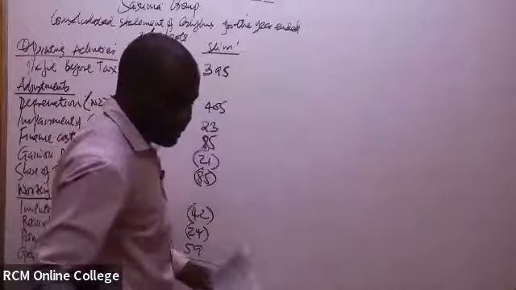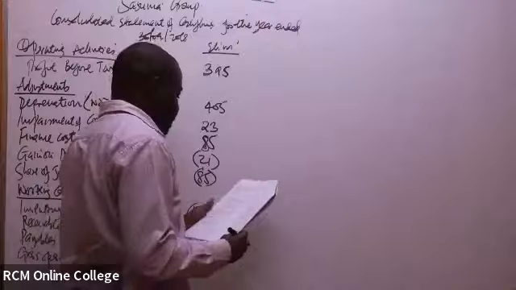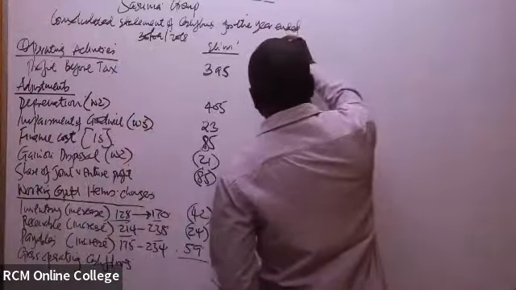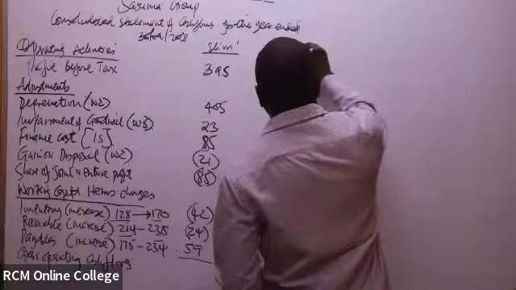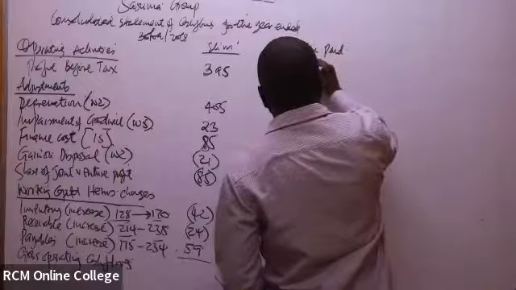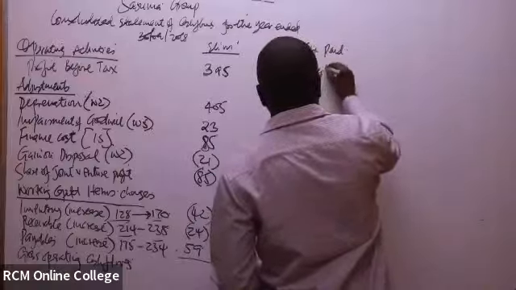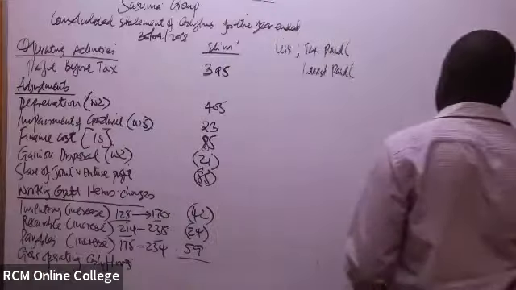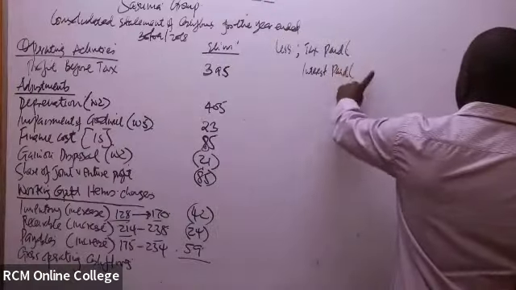Then now we can deal with the tax and interest paid. So from this figure, you less, number one, tax paid, and also interest paid. These ones we've actually been able to do computations in our workings. This one is in the tax expense account.